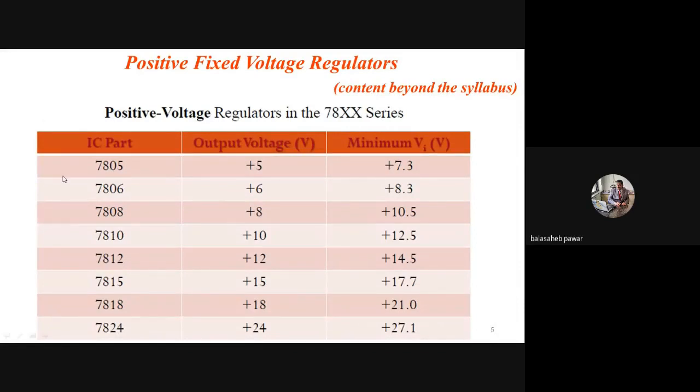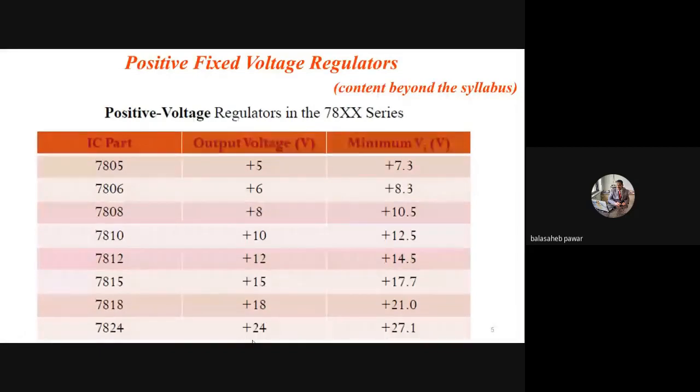But neither IC will be damaged if I apply 37 volts. Even for 7805, if I apply 37 volts as the input, I will obtain plus 5 volts as the output, and 37 volts will not be harmful to the 7805 because that is the maximum voltage handling capacity given by the manufacturer. Similarly for 7824, if I apply 37 volts unregulated DC as the input, I will still obtain plus 24 volts as the output without any problem.